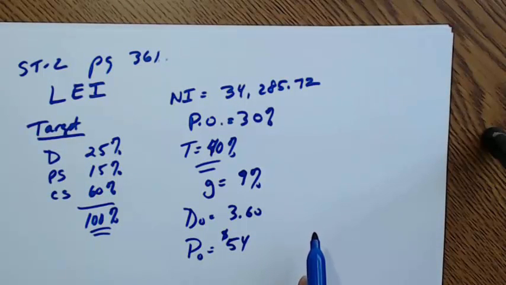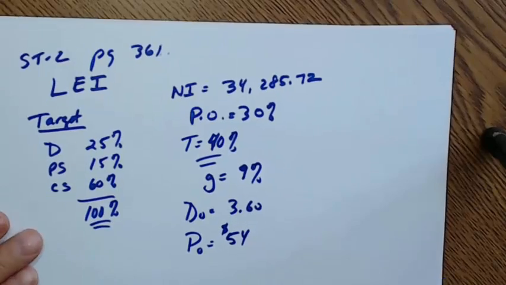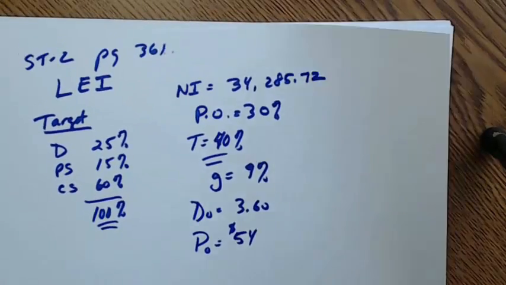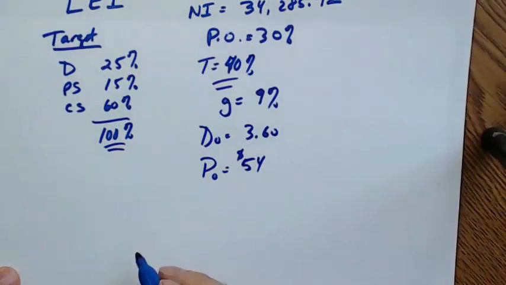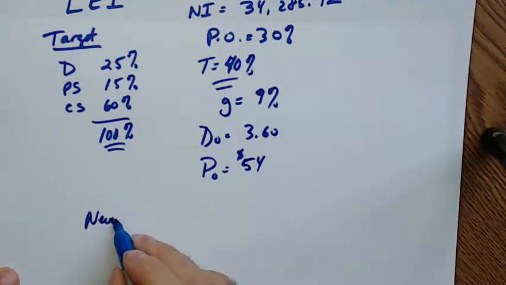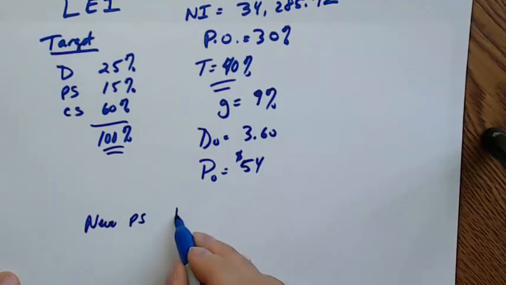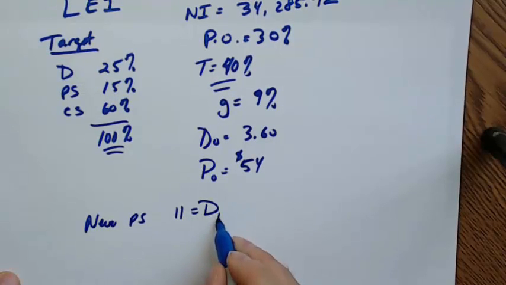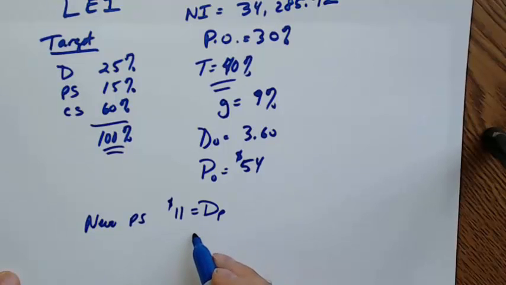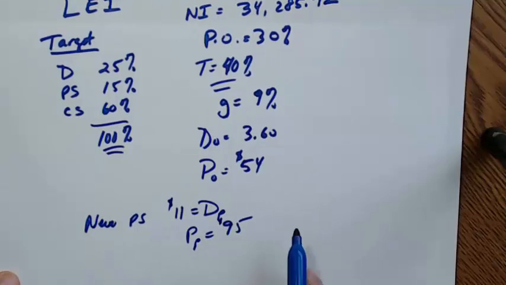Now it's going to tell us that it can issue new preferred stock with a dividend DP of $11 at a price of $95.